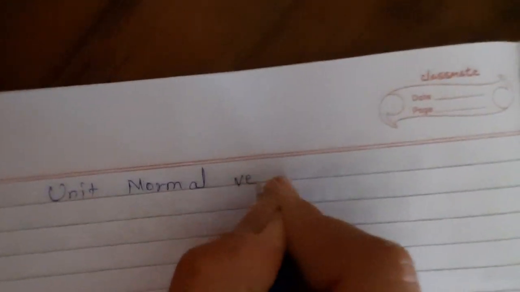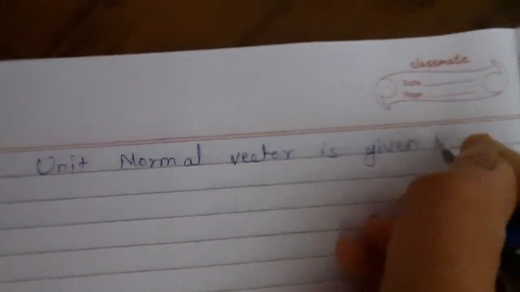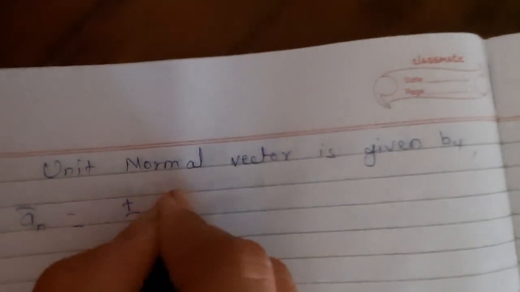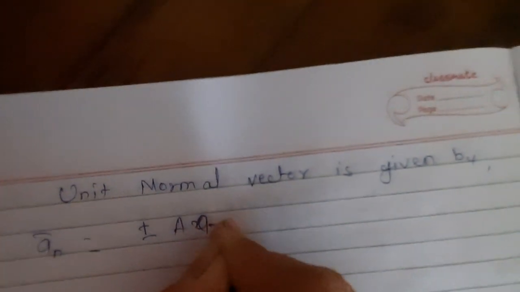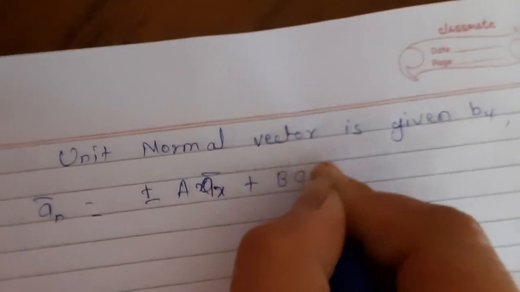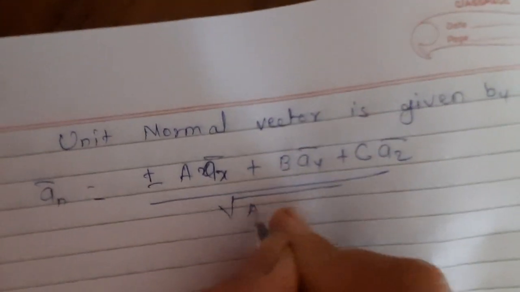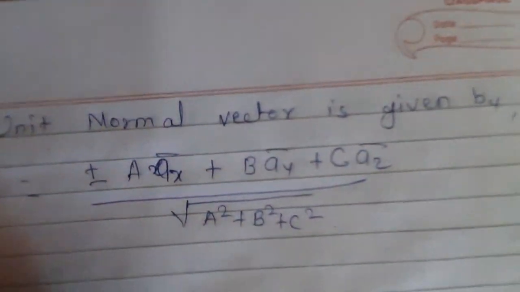Now the unit normal vector is given by AN bar, it is plus or minus A x, that is, a ax bar plus b ay bar plus c az bar divided by the square root of a square plus b square plus c square.